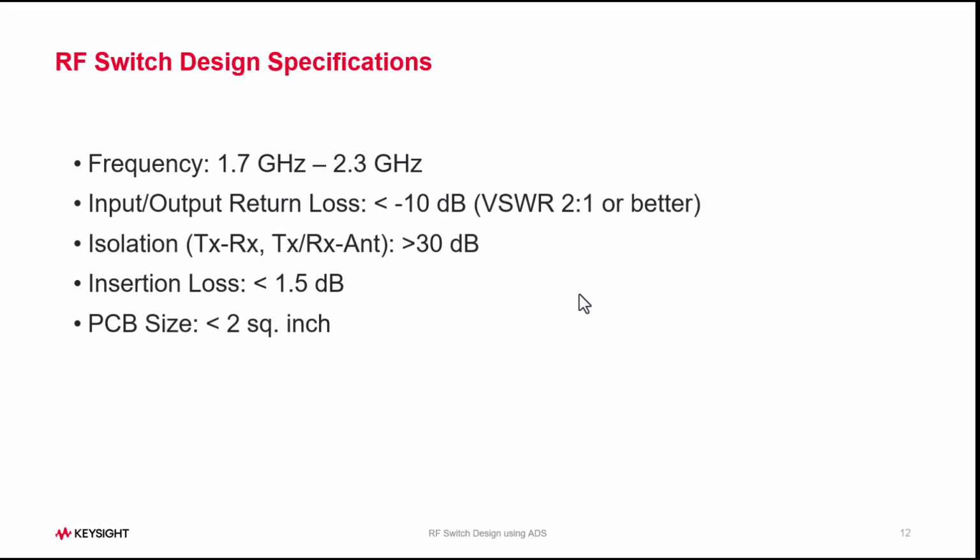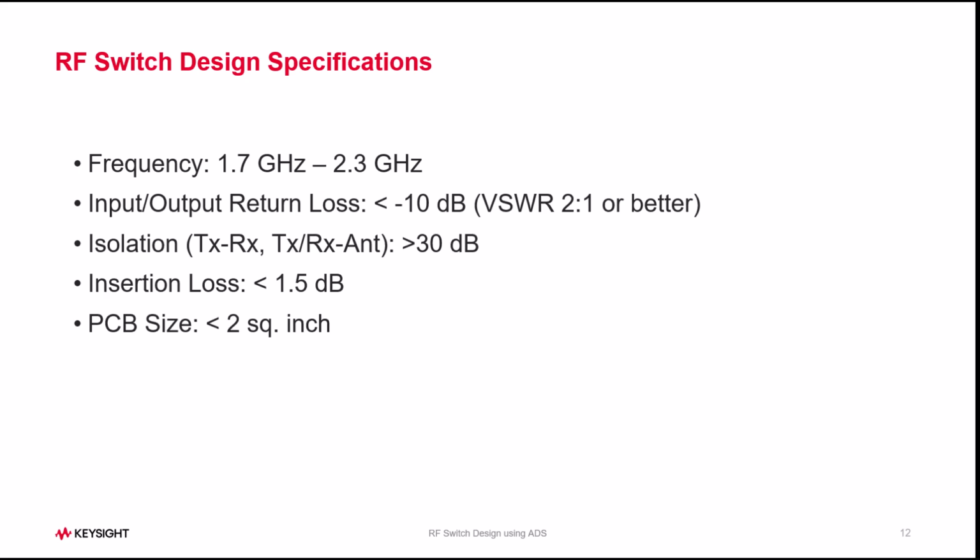Now for our present case study, here is the switch design specification which we will design for, and during circuit design or optimization we will have a little extra delta when we are looking to optimize the switch performance in a particular frequency band. So we will add a little bit of cushion on the lower side and upper side so that we have certain margin after fabrication.